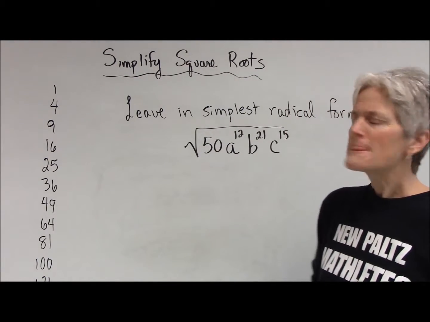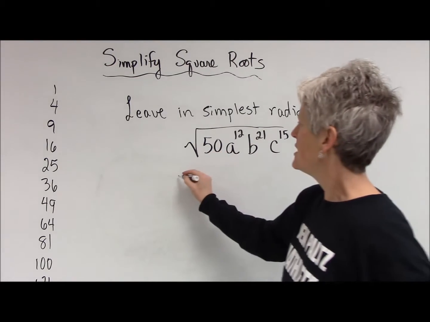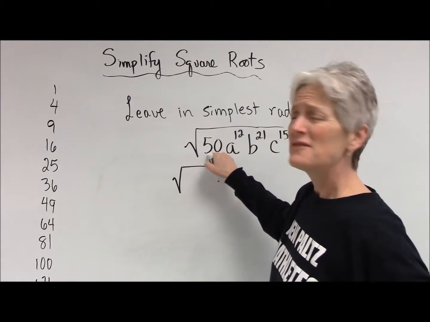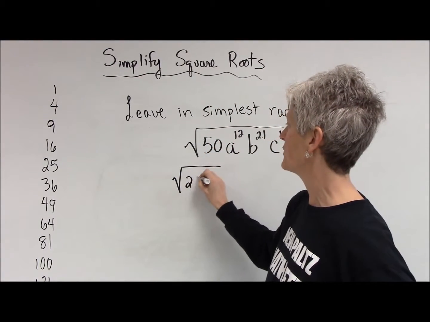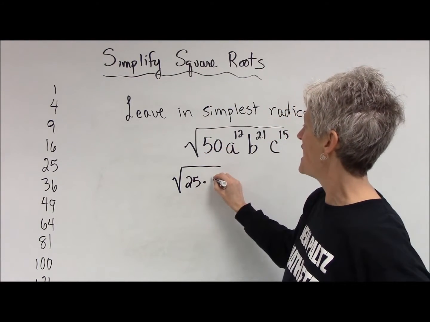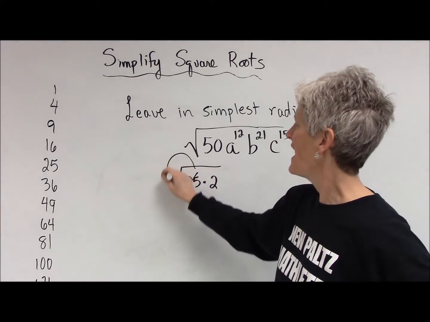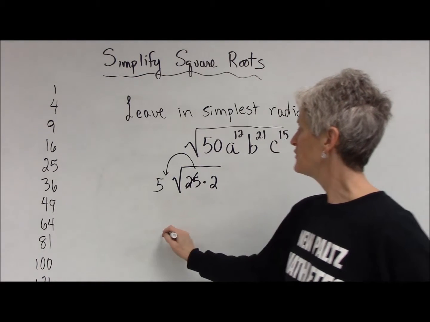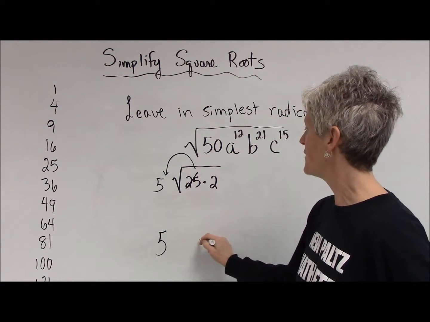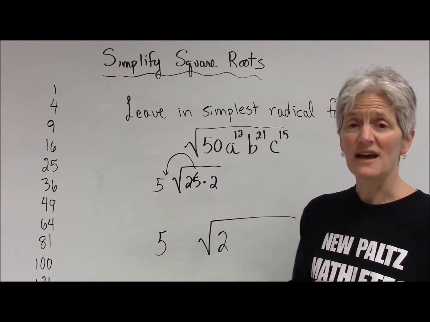Okay, so I'm going to first deal with that 50. Square root of 50, well, 50 is not a perfect square, but 25 is. So I'm going to rewrite the square root of 50 as the square root of 25 times 2. And the square root of 25 is 5. So far I have a 5 outside of my radical, and I have a 2 left behind inside my radical.